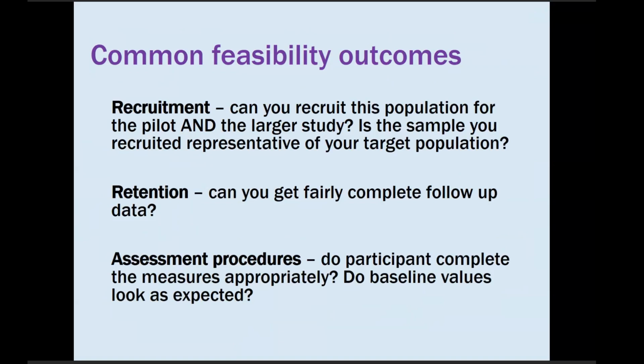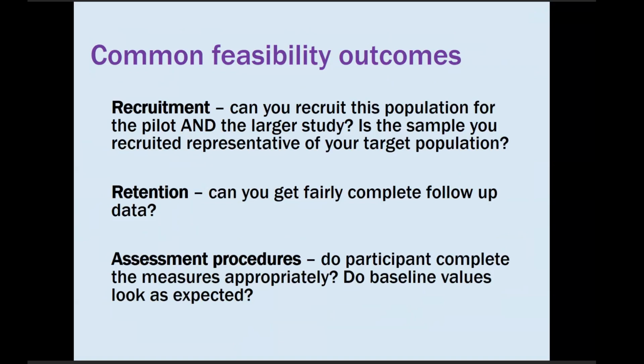For example, in one of our studies, one of our retention procedures actually occurs before randomization. We have a webinar that we use to explain to our participants what it means to participate in a randomized trial and the importance of follow-up. We do a little bit of research literacy with them.